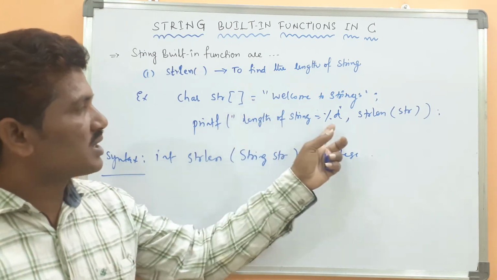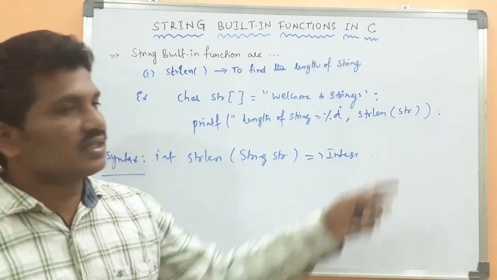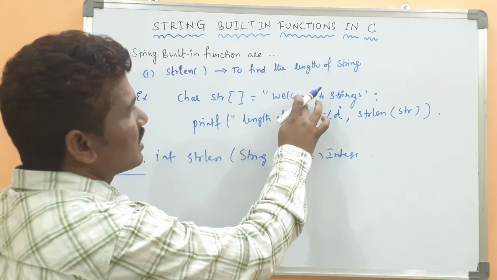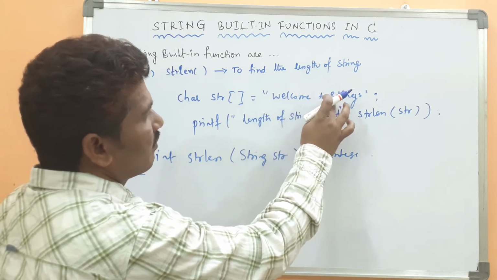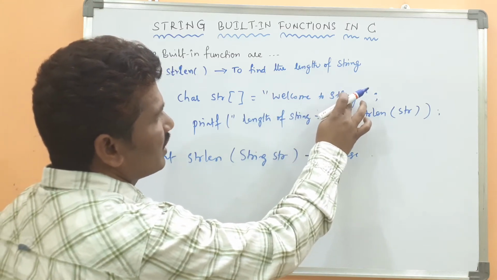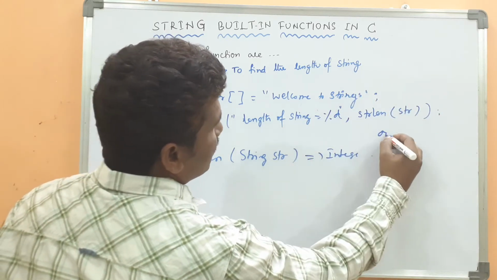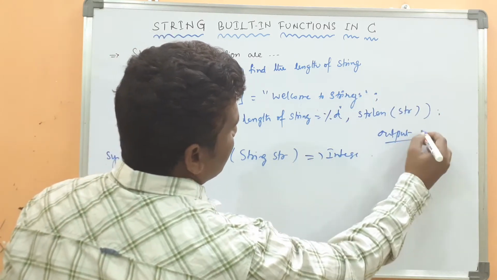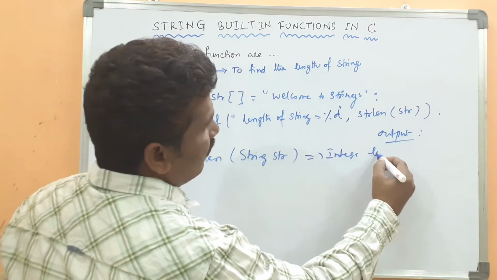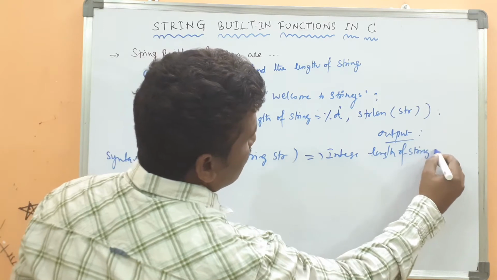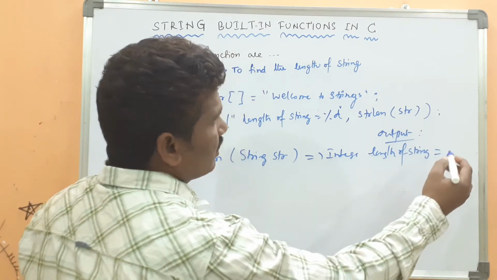Then the length of the string with strlen. Counting the characters: 1, 2, 3, up to 18. What is the output of this program? Length of string equals 11 or 12 something.